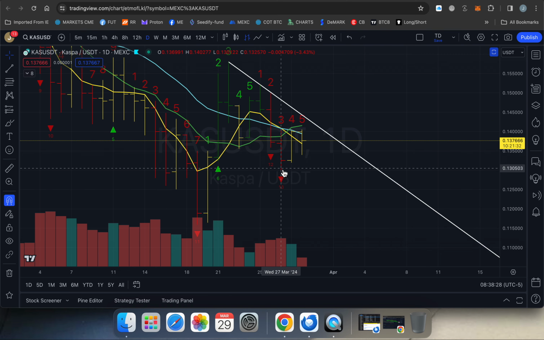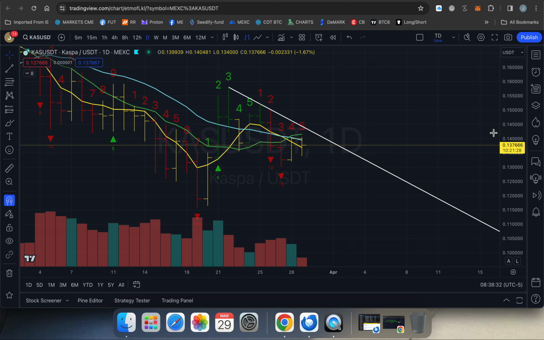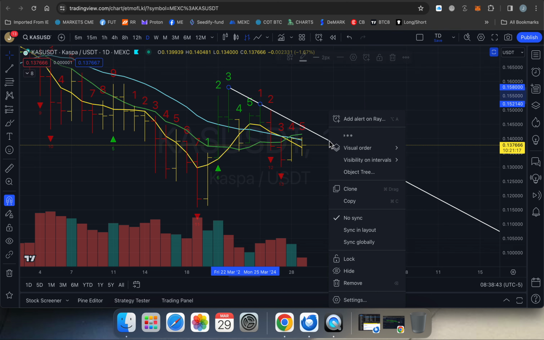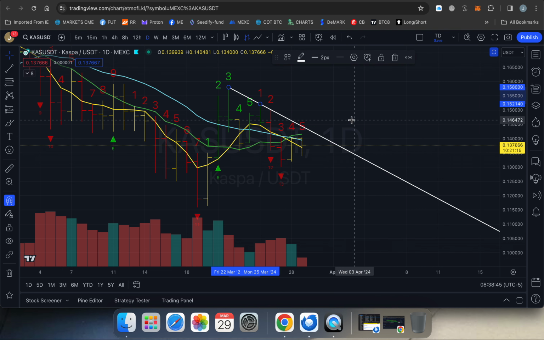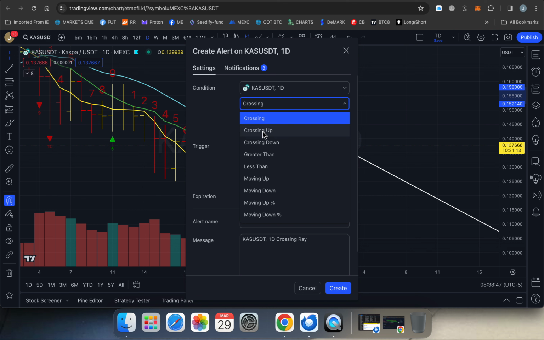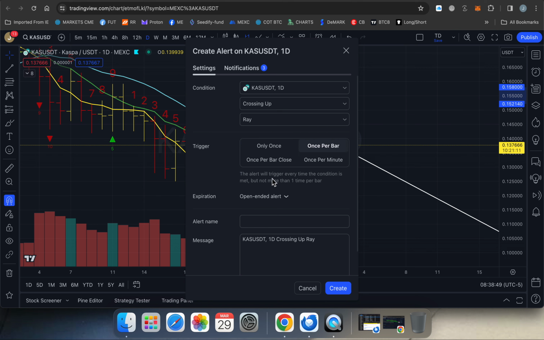It went lower here. I mean, it has bounced since then, but on a daily time frame, until you close above this trend line, the momentum is still to the downside. So your likelihood, your probability of it going up is less until it gets above that.